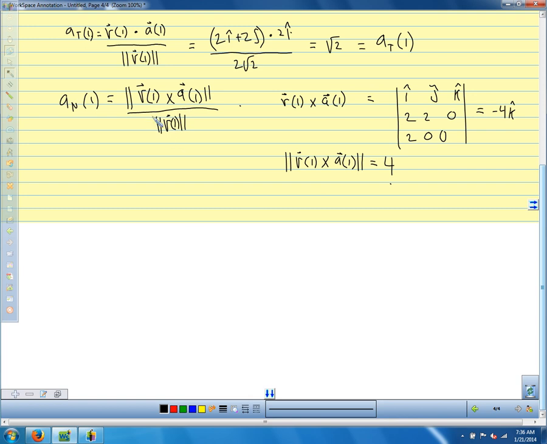So now we have everything we need for a sub n. So a sub n, our normal component of acceleration at time equals 1, is going to be 4 over 2 square root 2, which also comes out to be the square root of 2.